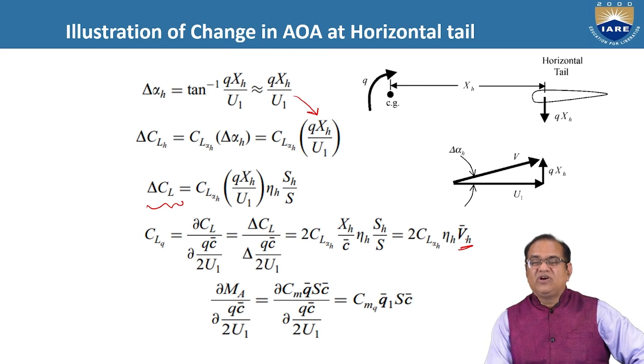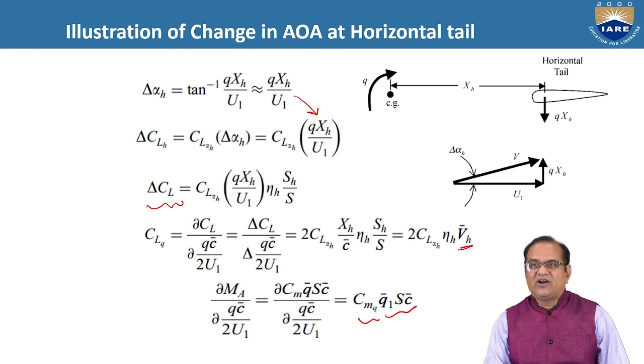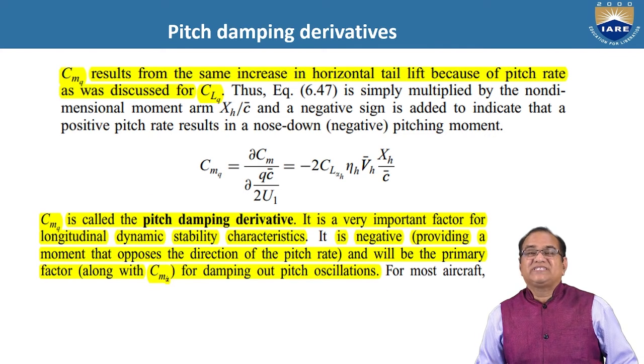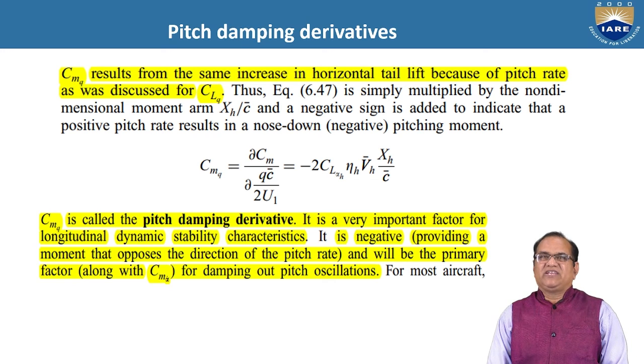So if we get the CLQ, we can get dMA by dQ, so you will get here CMQ. So we are going to find out this CMQ, and what is this? It is called the pitch damping derivative.